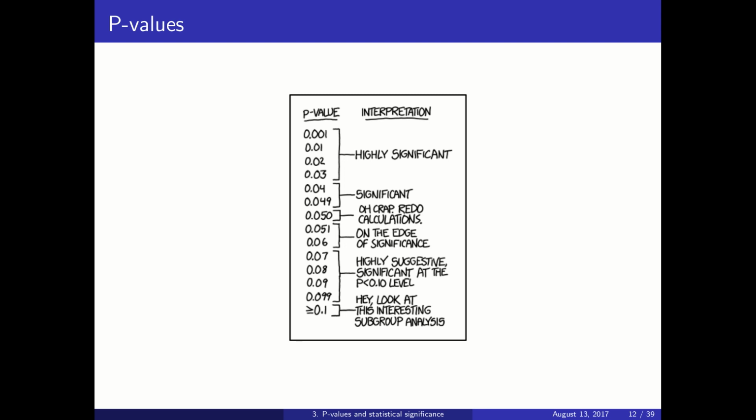And if it is larger than 0.1, then we start looking at subgroups, trying to see if for any one of these subgroups we can find significant differences. And we have already talked about this problem. This is multiple testing, and it is also this problem of data snooping, taking decisions and trying to interpret the data once you have collected the data.